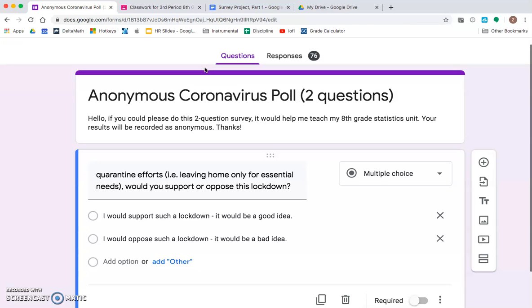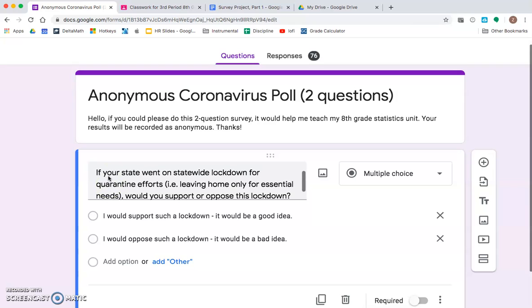If you can get the most responses out of all your classmates, then you win this competition. And whenever we go back to school, I think I'll have a small prize for you. So let's make the project more fun. See if you can get the most responses. Again, I got 76. See if you can beat that. See if you can beat your classmates.